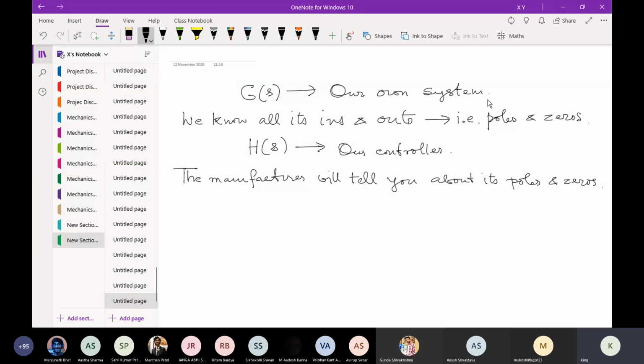So that means this GS we can write as, we know it as factored into poles and zeros, okay?